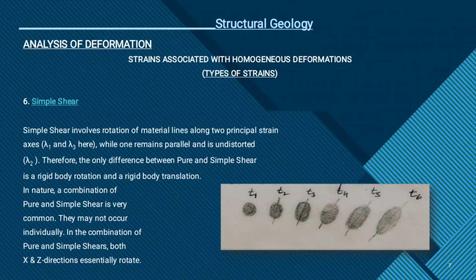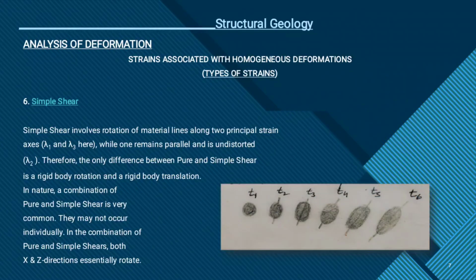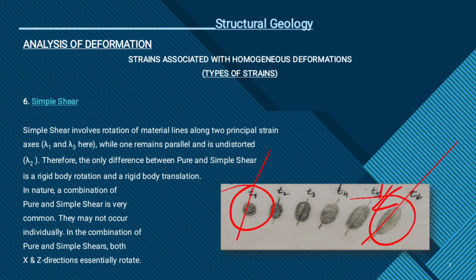Simple shear involves rotation of material, so it gets rotated. Pure and simple shear are very common, but they do not occur individually, only in combination.